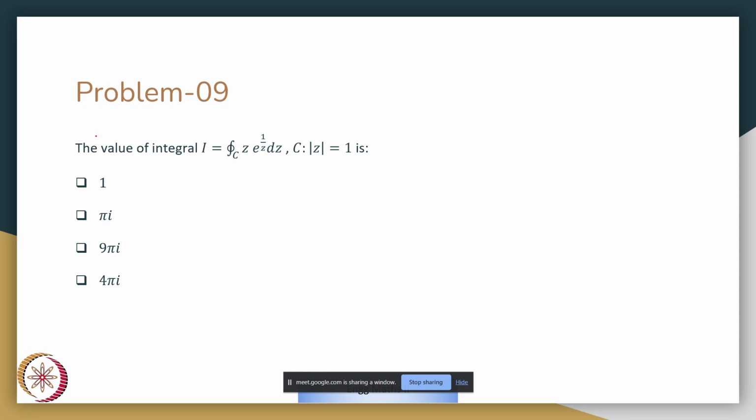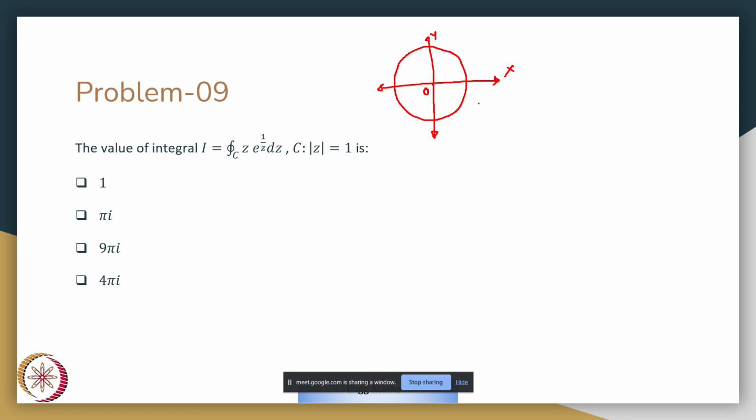Problem number 9. We are asked to calculate the value of the integral I, equal to the circular integral over the curve C of z e raised to 1 by z dz. The curve C is given by norm of z equal to 1, which means our curve C is again a unit circle around the origin.